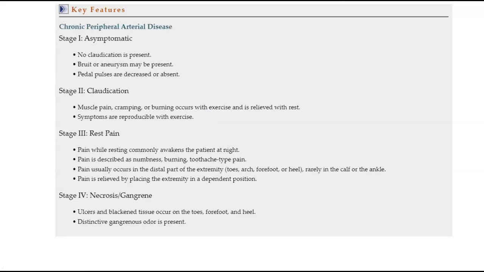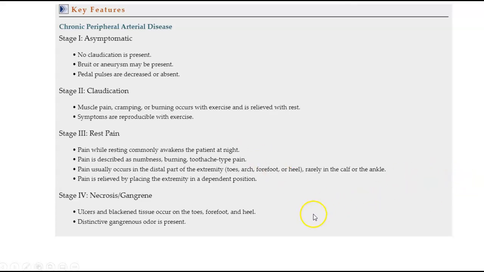So this is some of our different stages and symptoms that go along with each stage for peripheral arterial disease. Often you're going to see patients that may be asymptomatic, but when you do your assessment, you may notice that they've got decreased or absent pulses.